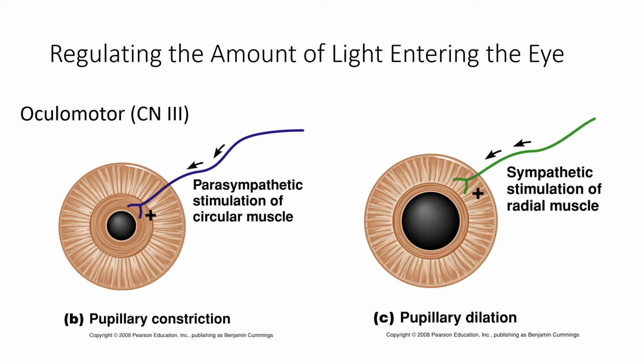So the parasympathetic part of the oculomotor nerve stimulates the circular muscle, and it causes constriction of the pupil. The sympathetic portion of the oculomotor nerve innervates the radial muscles and causes dilation of the pupils.